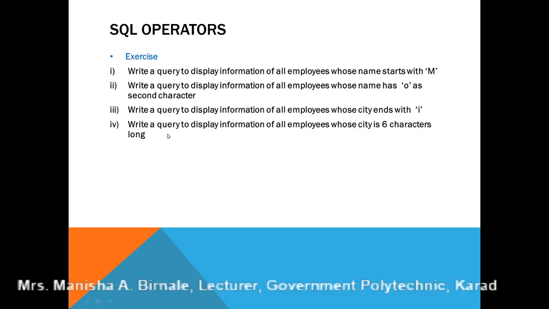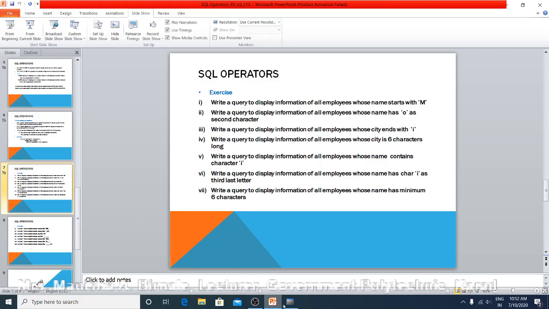Then write a query to display information of all employees whose city is 6 characters long. So length of city name should be exactly 6 characters long. So here we have to use select star from emp info where city like. So there should be exactly 6 characters in the city name.